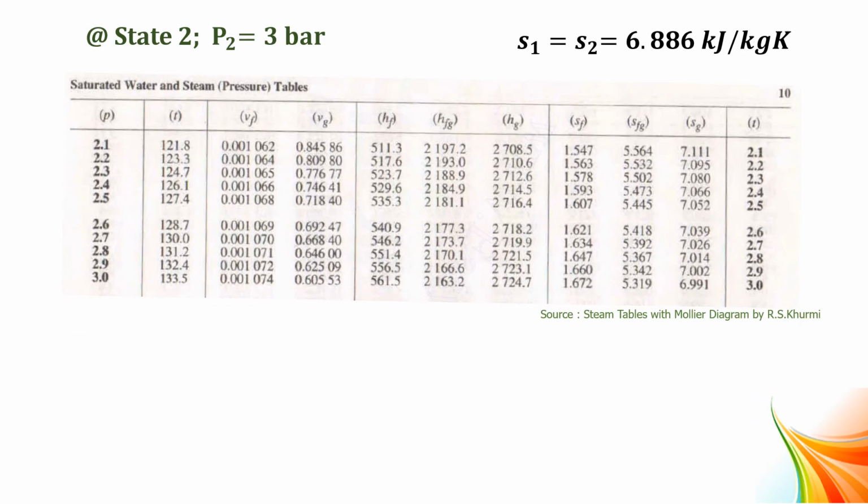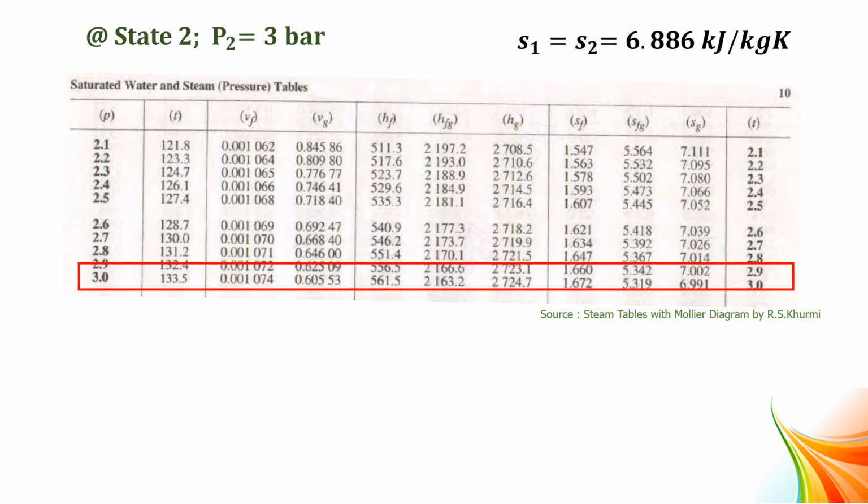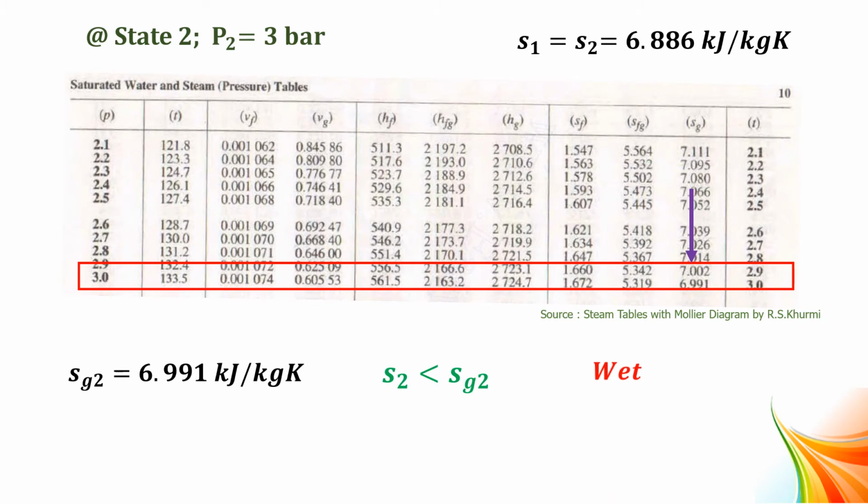So from the steam table, corresponding to a pressure of 3 bar, we have to note down the value of Sg. So Sg equal to 6.991 kilojoule per kilogram Kelvin. Now compare Sg with S2. So S2 value is lesser than Sg. Therefore, the steam is in wet condition.